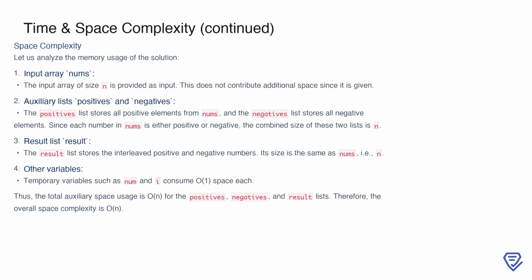Additionally, we create a result list to store the interleaved positive and negative numbers, which also has a size of n. Apart from these lists, there are a few temporary variables, such as number and i, which consume constant space, or O(1). Therefore, the total auxiliary space usage comes from the positives, negatives, and result lists, which together require O(n) space. As a result, the overall space complexity of the solution is O(n).